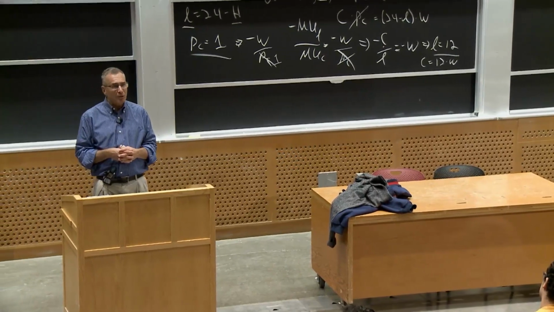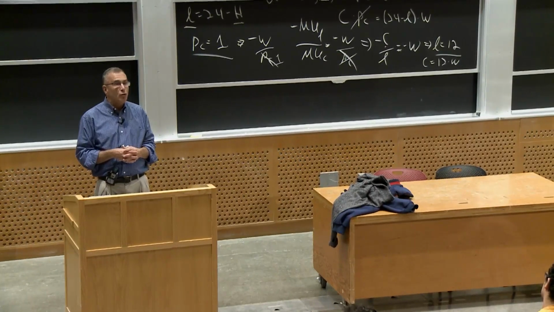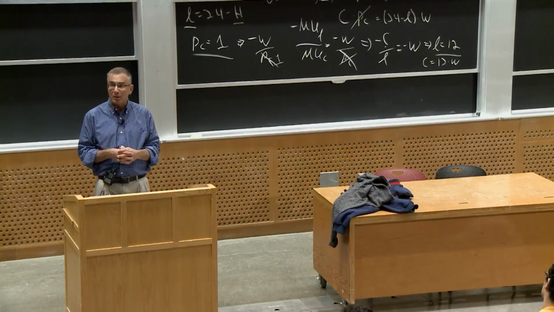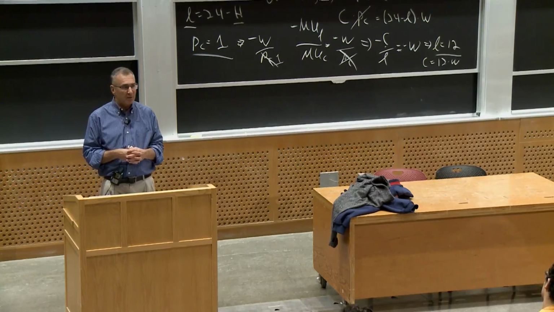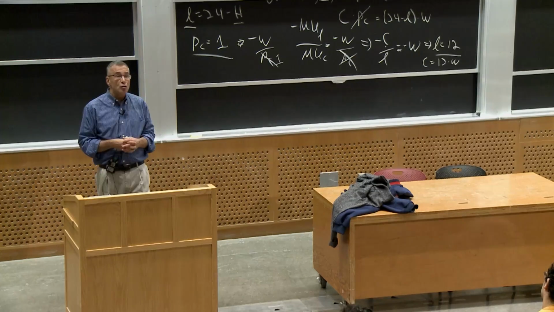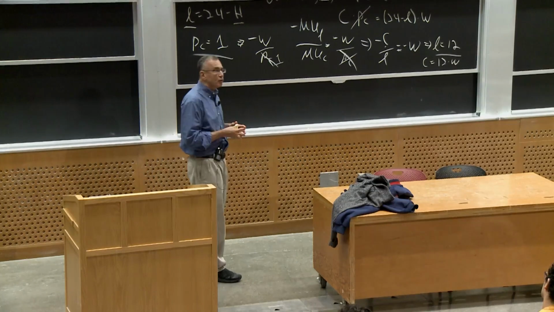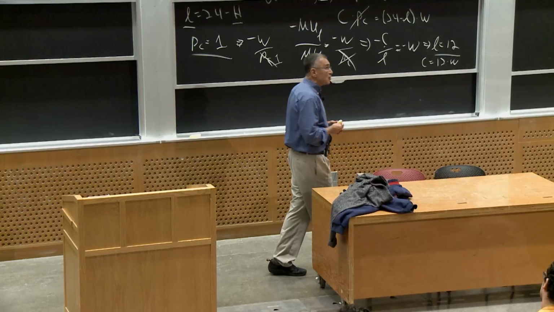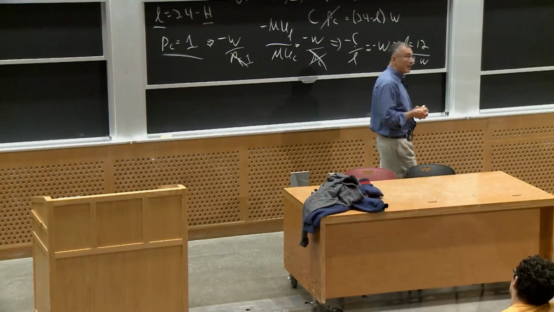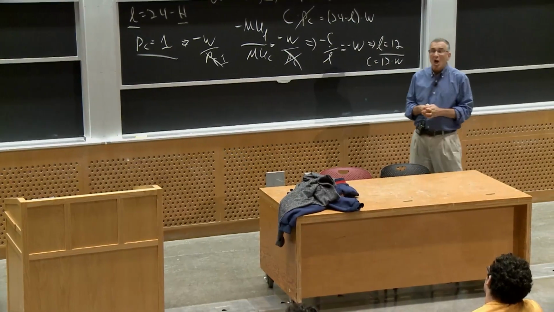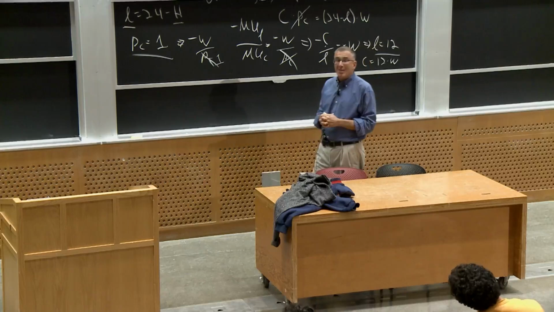When I'm richer, I want more of all normal goods. Leisure is a normal good, so I want more of it. So if leisure is a normal good, as is true for everyone except MIT students, then as your income goes up, you want more of it. So here the income effect offsets the substitution effect without having a weird case.